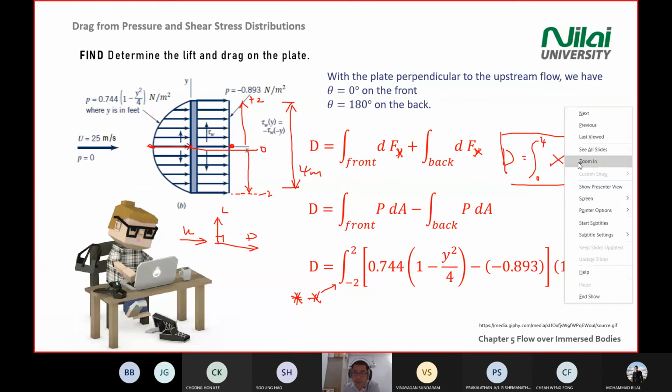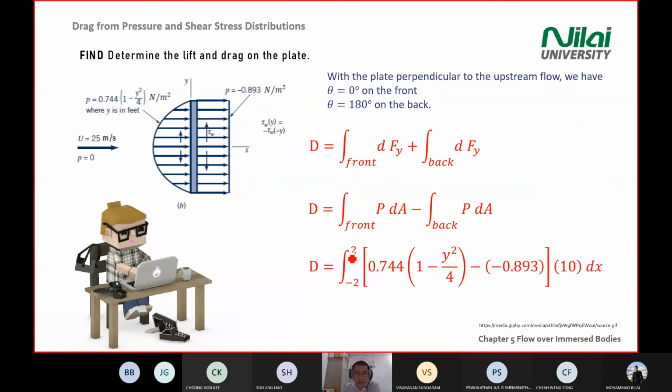So be careful. Remark for the integration component, drag: you integrate from 2 to -2 rather than 0 to 4. So be careful, especially when it comes to your final exam. These are some traps. Most students, when it comes to the exam, will forget. So the rest is just mathematical calculation. You do the analysis, and at the end you'll get 5.6 Newton.